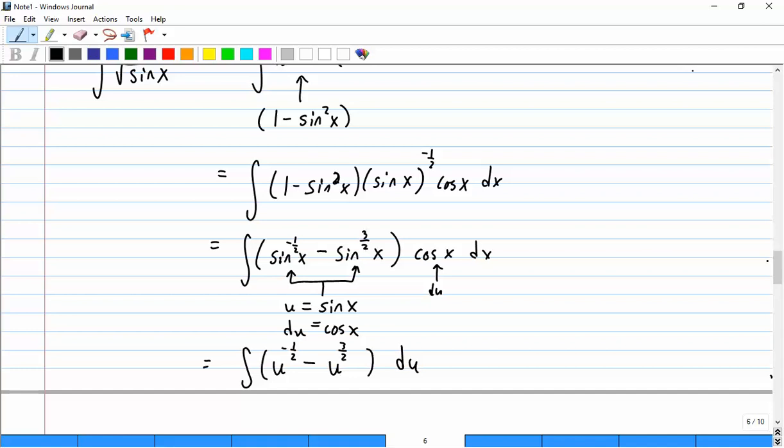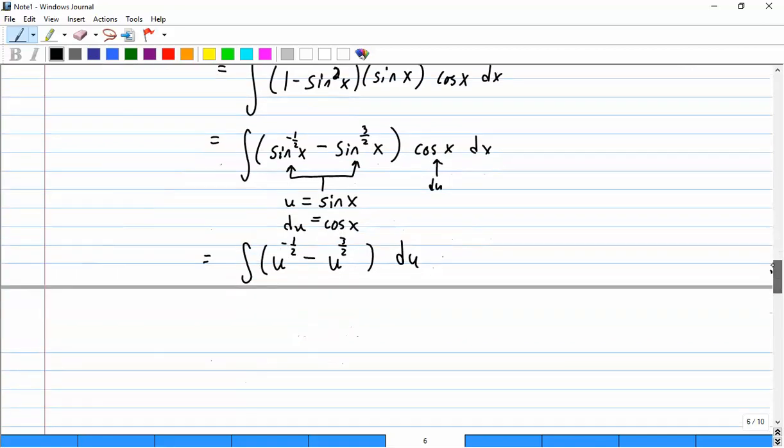All right. So now integrate both of those. So when you add 1, that becomes u to the 1/2. So divide by 1/2 is multiplying by 2. So that's 2u to the 1/2. Add 1 to that power, that becomes 5/2. Divide by 5/2 is multiplying by 2/5.